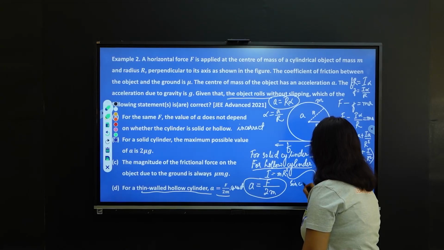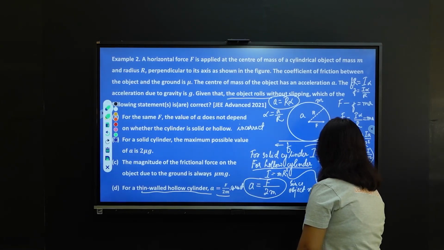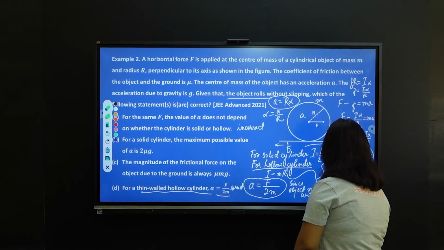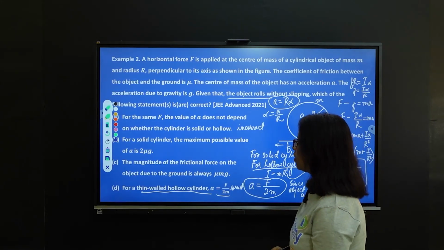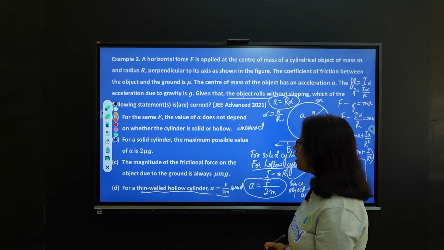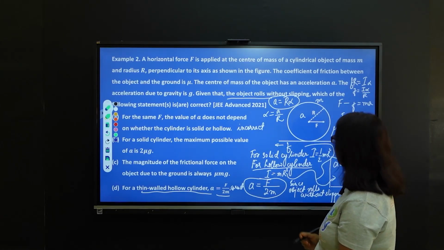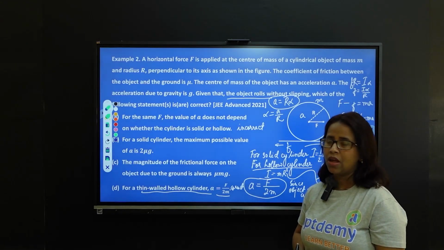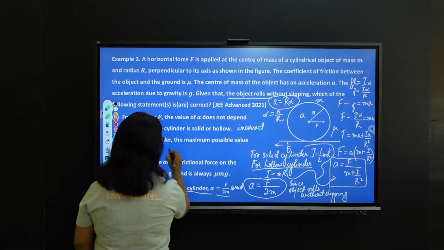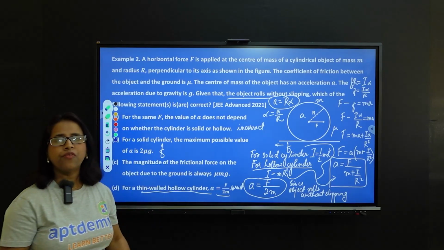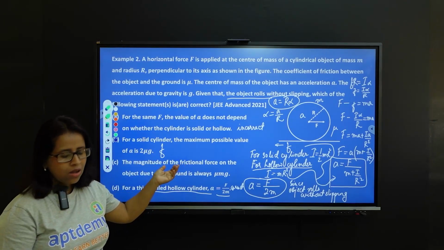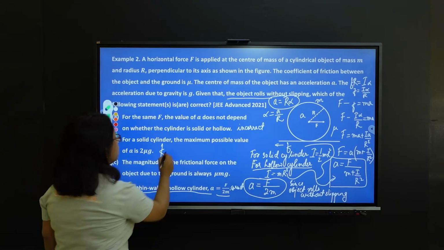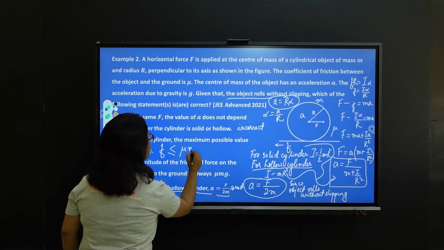Since the object rolls without slipping, we may apply the condition that if an object is rolling without slipping, then the frictional force F will be less than or equal to mu mg.